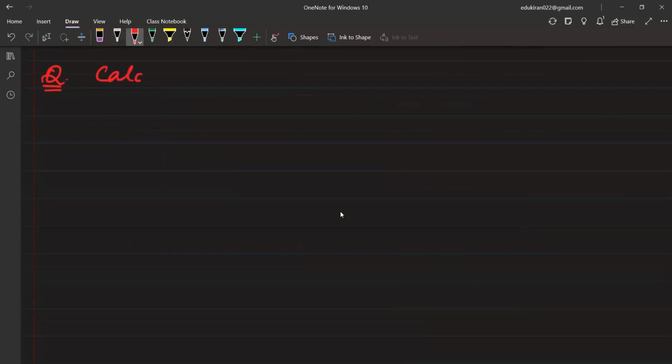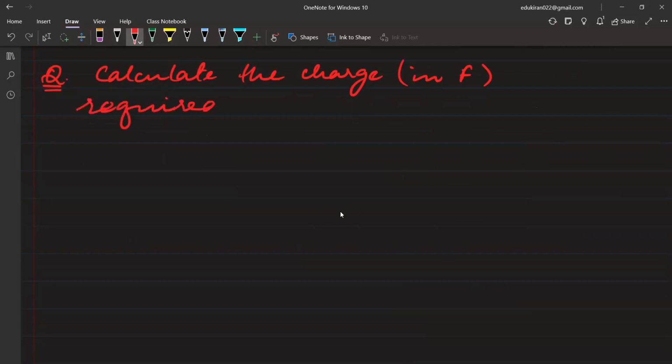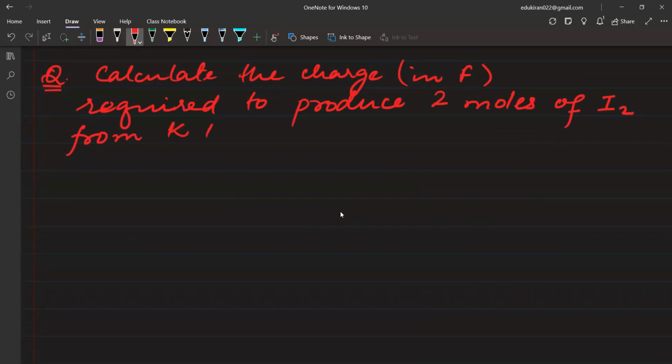Calculate the charge in Faraday required to produce 2 moles of I2 from KI. ठीक है, प्लीज लिसन टू दिस सॉल्यूशन, उसके बाद आप लोग अगला सवाल कीजिएगा. Don't write anything, keep your pen aside, I will ask you questions.